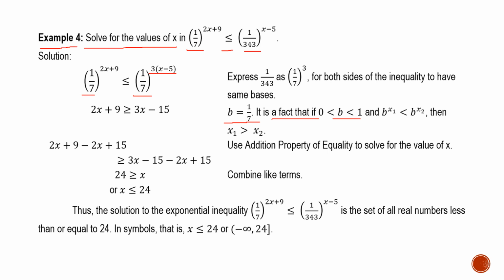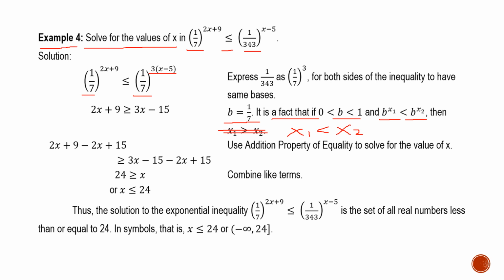So we can assume that b raised to x sub 1 is less than b raised to x sub 2. Then there's a typographical error here in your modules. It is x sub 1 less than x sub 2.